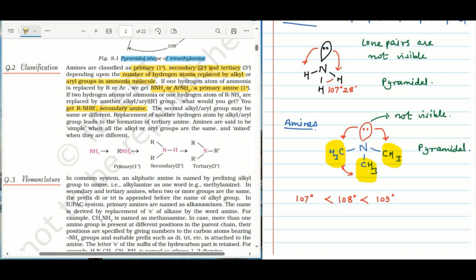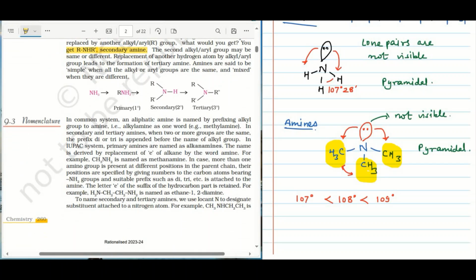Amines are said to be simple when all the alkyl or aryl groups are the same and mixed when they are different. For example, here this is ammonia. When we replace one of the hydrogens with an alkyl group, it is said to be a primary amine.